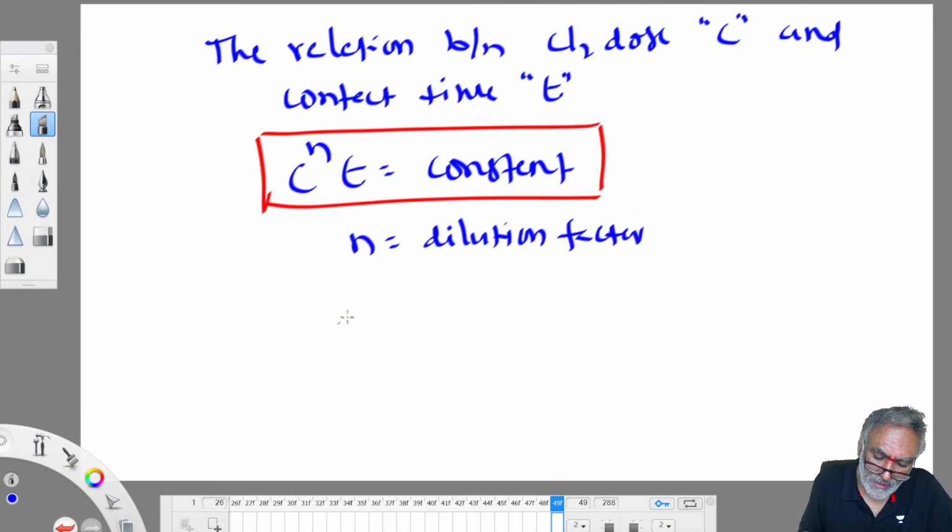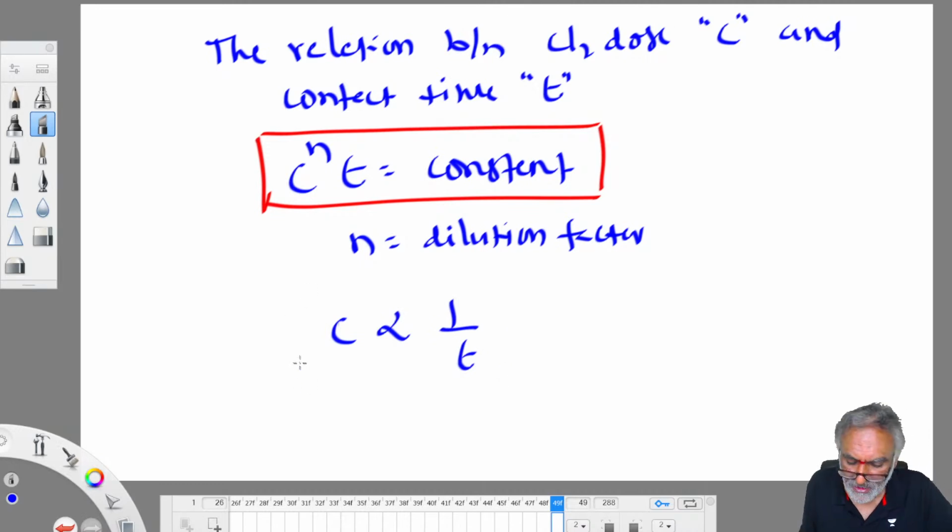So if the time available is more, then a lesser dose is also sufficient. Chlorine dose required is inversely proportional to time. Time available is more, a small dose is sufficient. Time available is less, more dose is required.